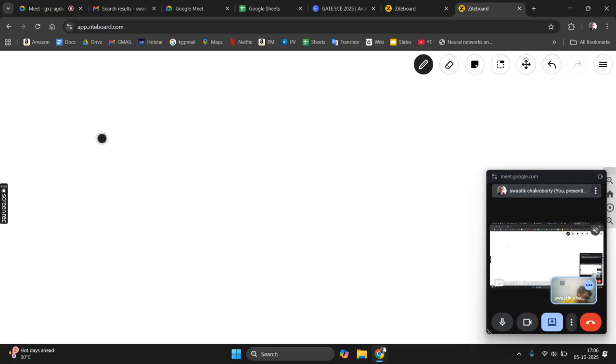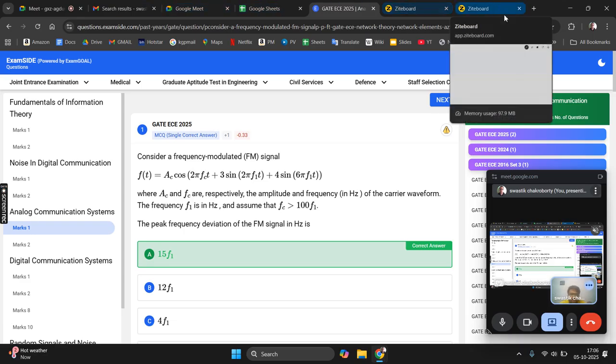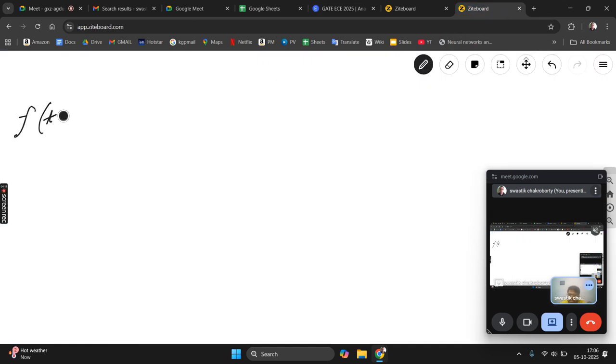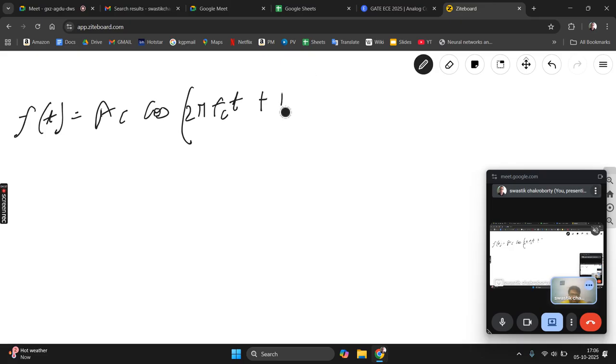Okay. So here the signal is given as Ac cos(2 pi fc t plus 3 sin 2 pi f1 t plus 4 sin 6 pi f1 t). One message tone is 3 sin 2 pi f1 t, and another message tone is 4 sin 6 pi f1 t.